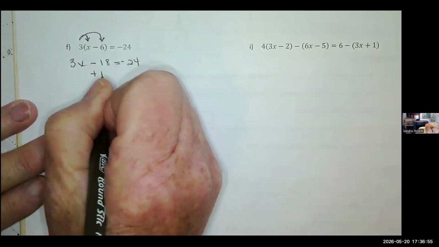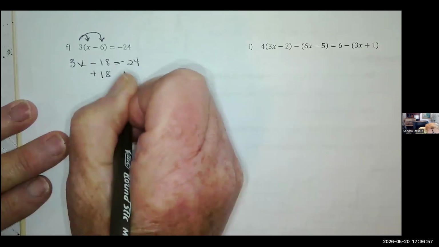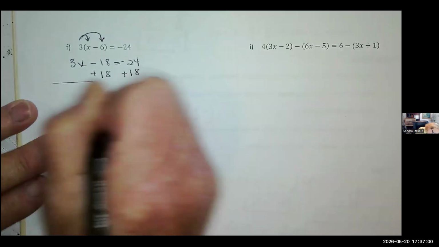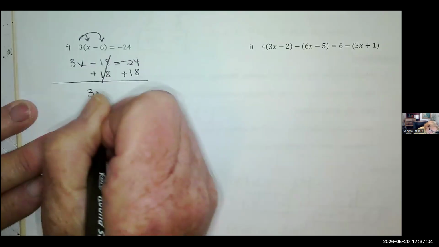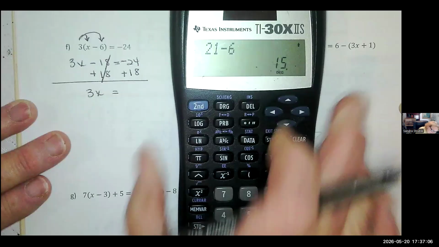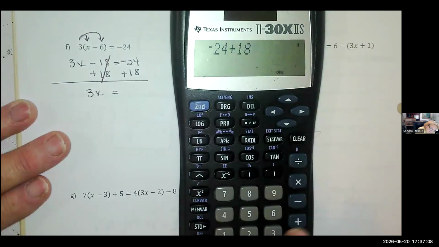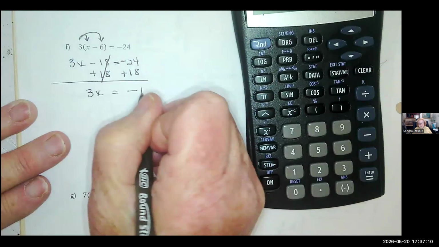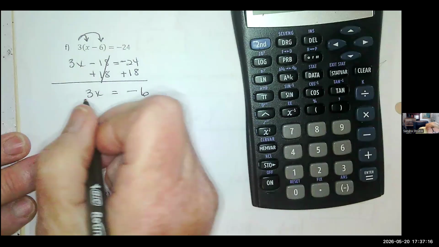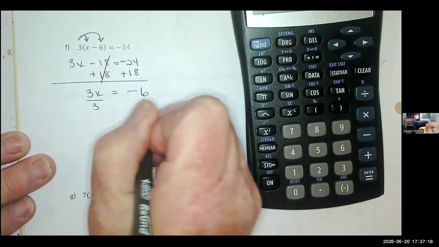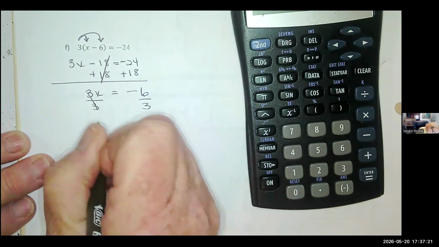And we're going to add 18 to the other side as well. This is gone, and you're left with 3x is equal to negative 24 plus 18 is negative 6. Now, 3 is attached to x by multiplication. The opposite of multiplication is division. Divide both sides by 3, and x is equal to negative 2.